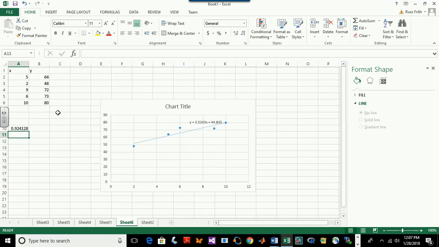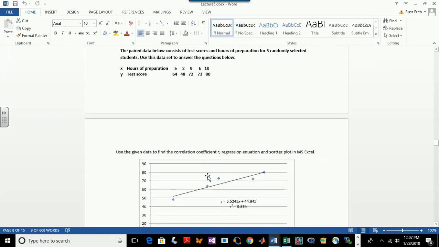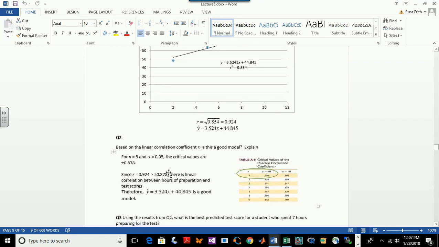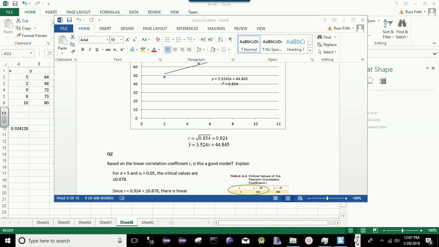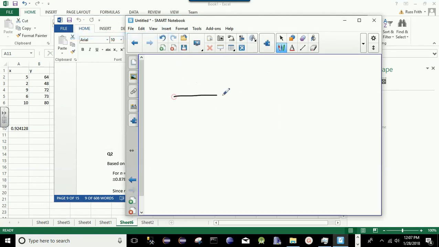Question 2 is, based on the linear correlation coefficient r, is this a good model? So n is 5, alpha is 0.05, and when we look in table A6, the critical value is 0.878. So you'll draw your correlation number line.